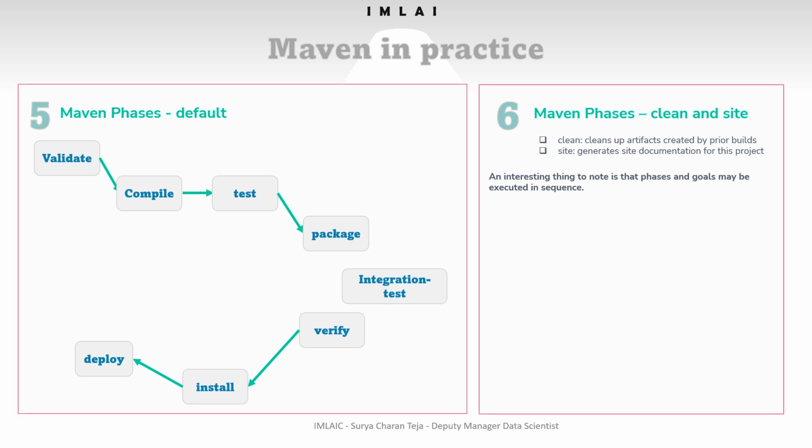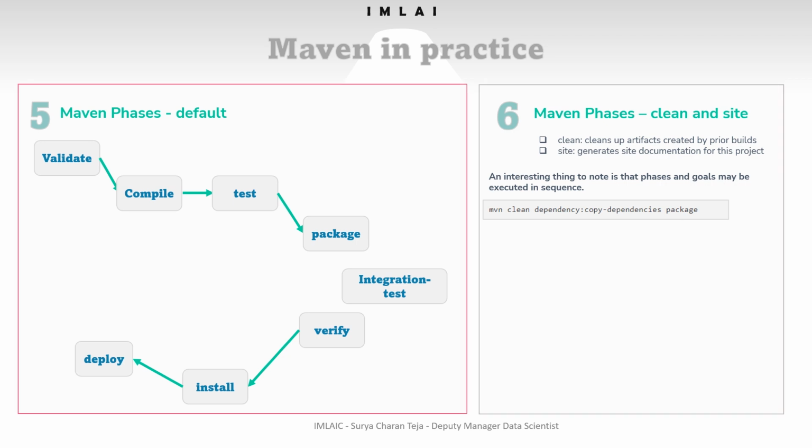An interesting thing to note is that phases and goals may be executed in sequence. So mvn clean dependency:copy-dependencies package. This command will clean the project, and after that cleaning it copies the dependencies and packages the project, executing all phases up to package of course.